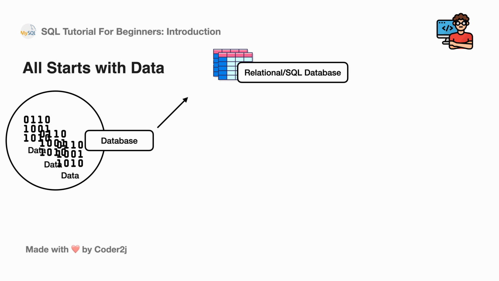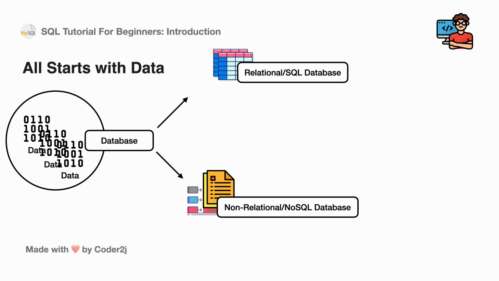The other type is called non-relational or NoSQL database because the data was modeled in means other than tabular relations, such as key value pairs, documents, and so on. NoSQL is also sometimes called not only SQL to emphasize that they may support SQL-like query languages.